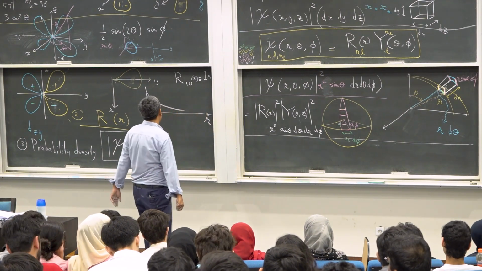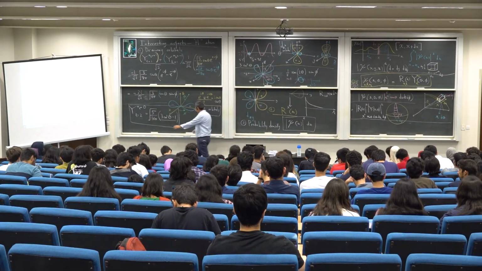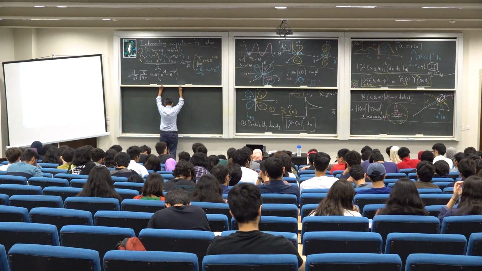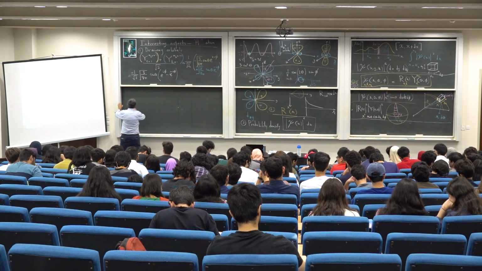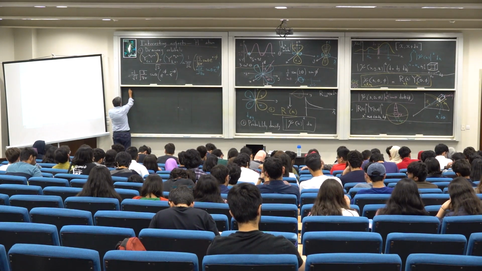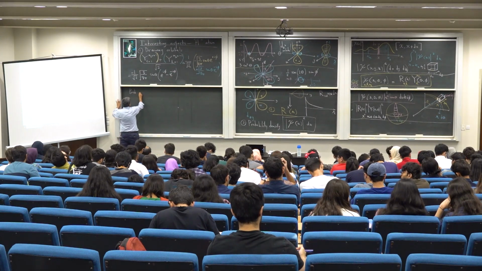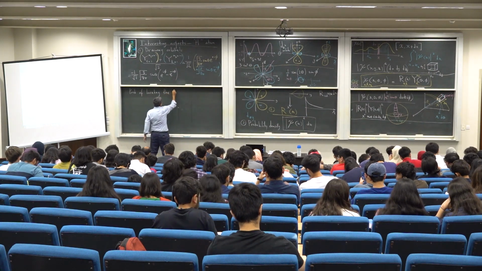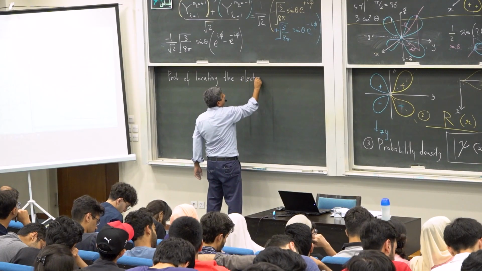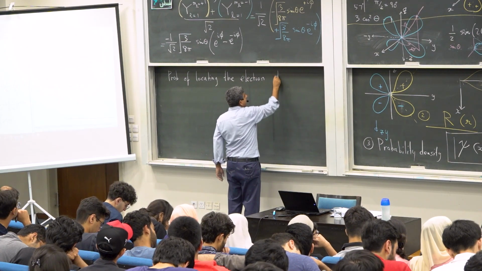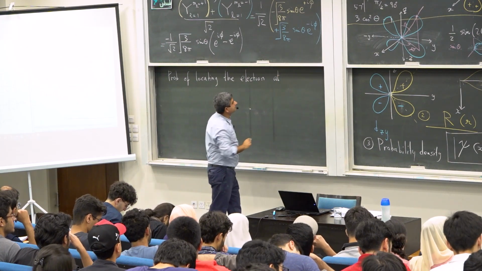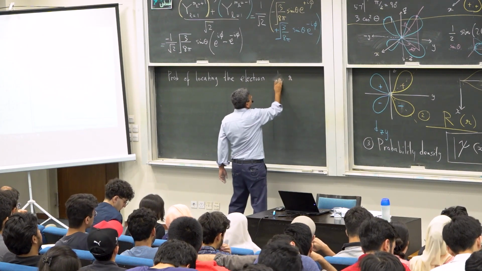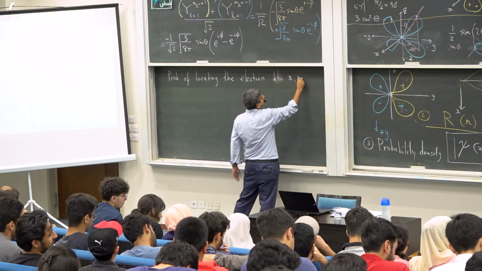So what I would like to do now is the following. I ask the question, what is the probability of locating the electron at r, or between r and r plus dr?